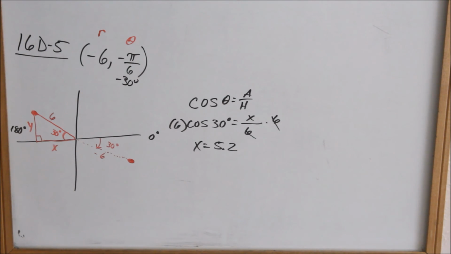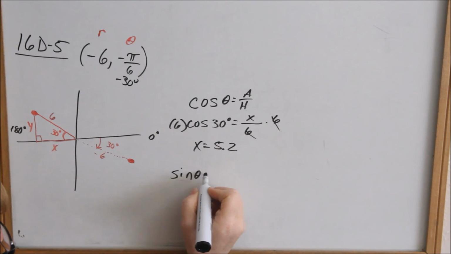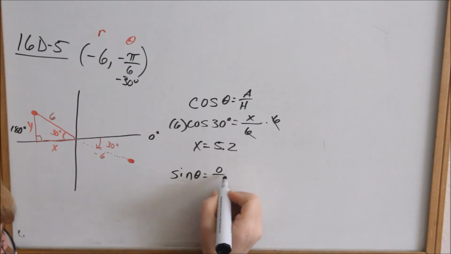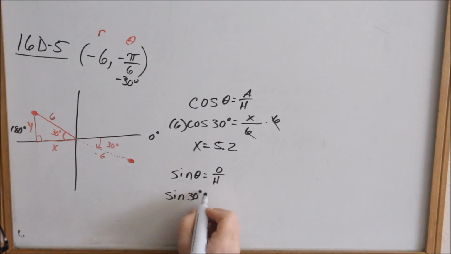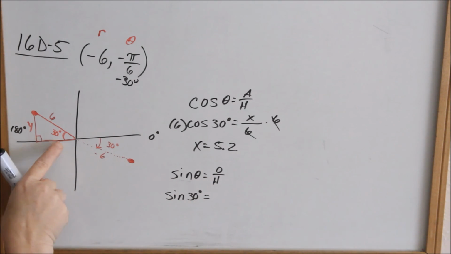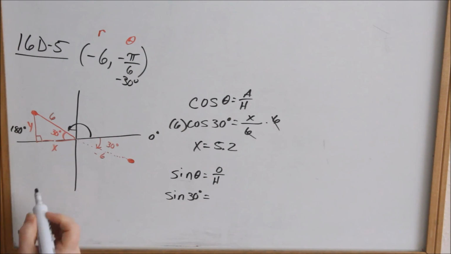So I need to find my y coordinate. What trig function can I use to find my y coordinate when I know the angle and I know the hypotenuse? Well, sine theta equals opposite over hypotenuse. I know my angle, 30 degrees. And by the way, I want my angle inside my triangle. That's the angle that I will use. Okay? I didn't need to know that angle right there in order to find my x and y value.